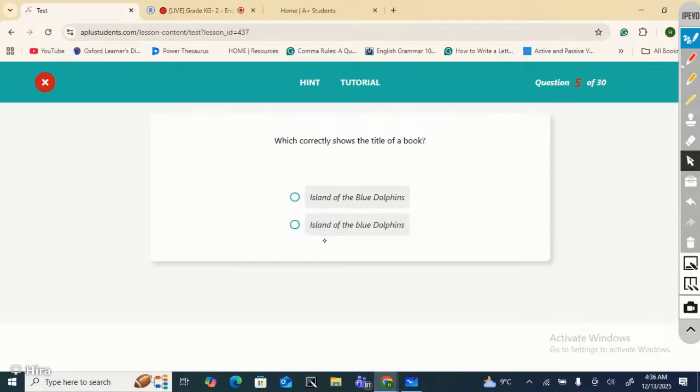Which correctly shows the title of a book, Island of the Blue Dolphins, Island of the Blue Dolphins.